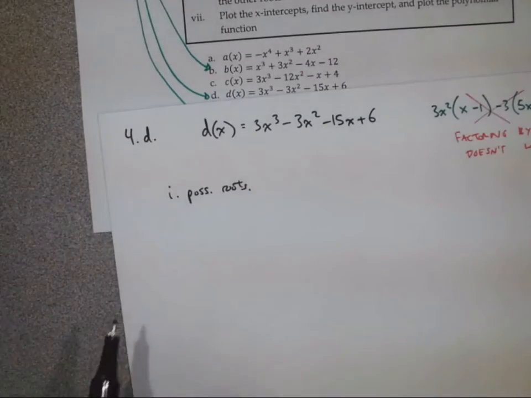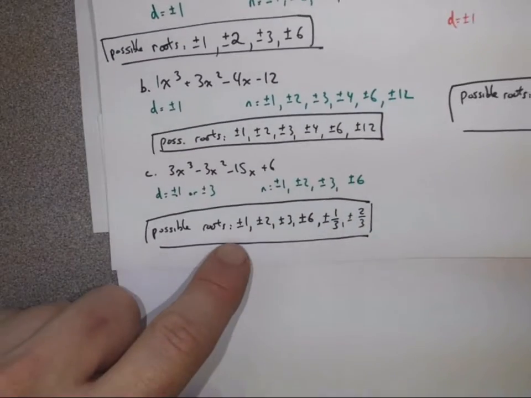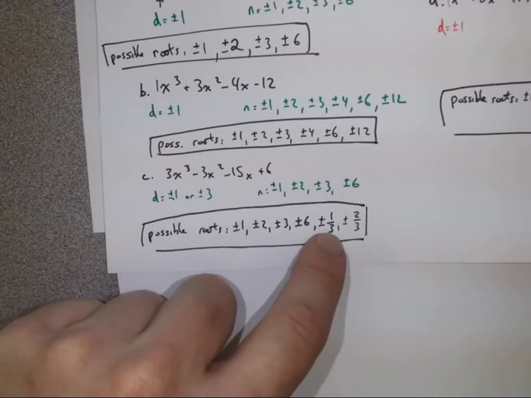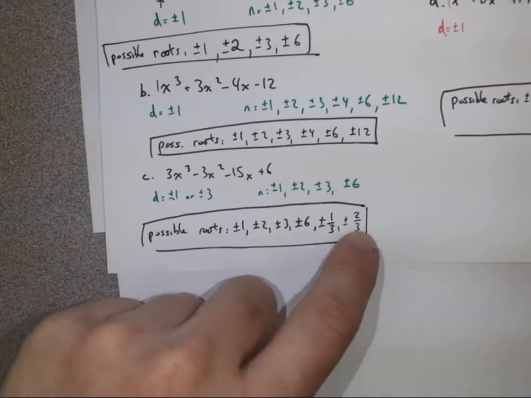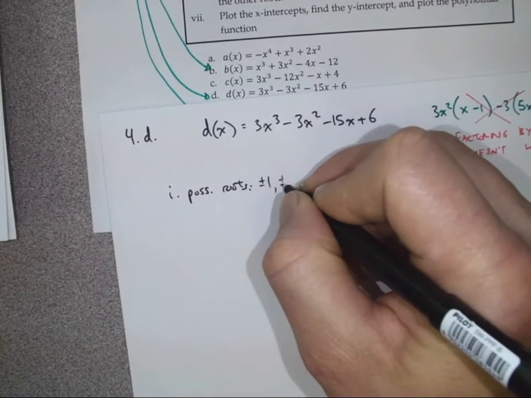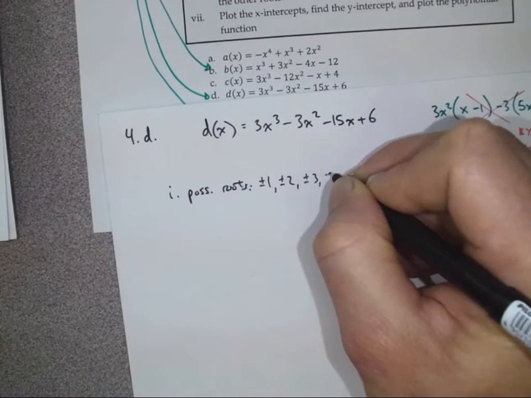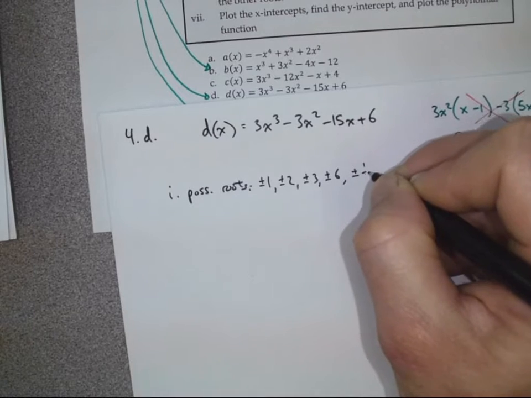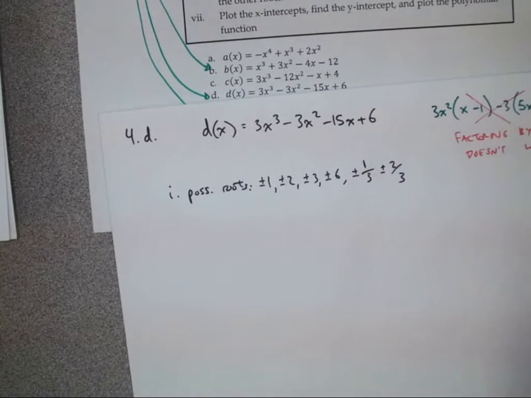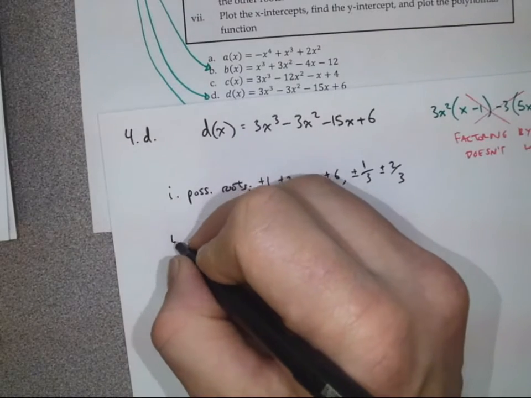So possible roots of this expression are plus or minus 1, plus or minus 2, plus or minus 3, plus or minus 6, plus or minus 1/3, and plus or minus 2/3. All right, so we're going to test those guys.